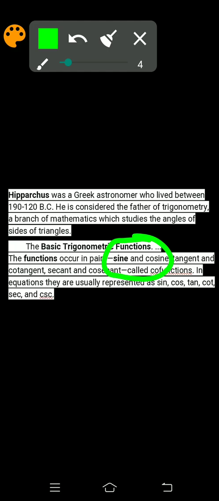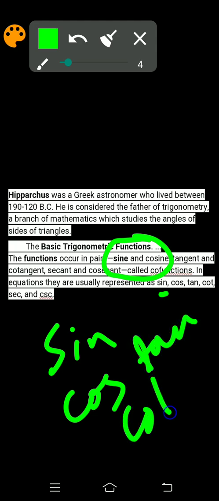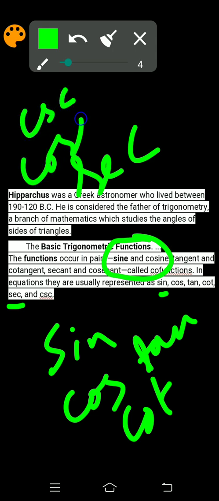In short, we write sine as sin, cosine as cos, tangent as tan, cotangent as cot, secant as sec, and cosecant as csc or cosec.